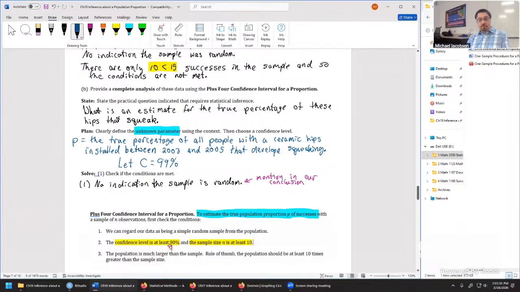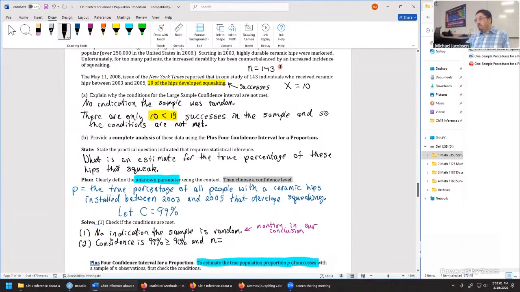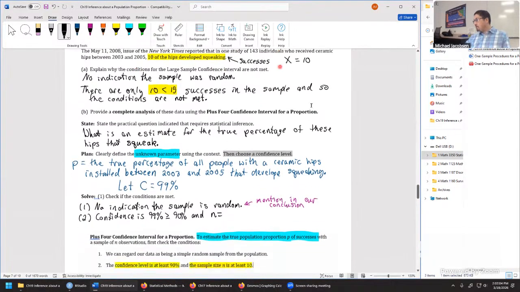That means we passed condition 2, but again, we would assuredly always pass that portion right there on the confidence level. But we fully passed condition 2 because the sample size is definitely over 10. So we'll say here, confidence is 99%, which is definitely greater than or equal to 90%, and N equals, I forget, let me double check, 143 hips that were installed.